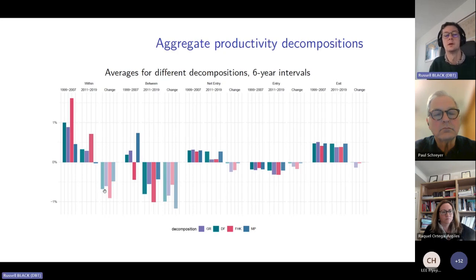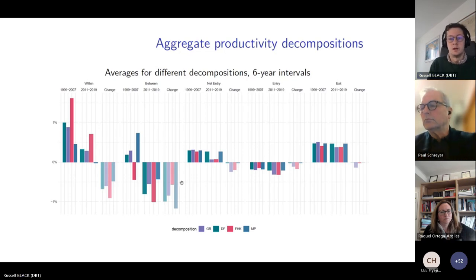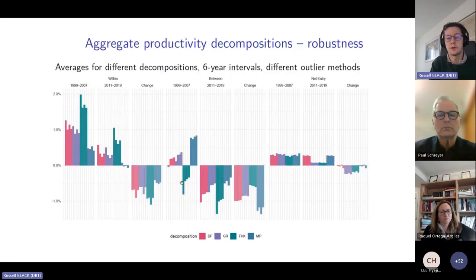So about 1.5 percentage points, adding up the between and the within effects, and relatively little growth due to the different entry effects. Does this change if we use different outlier methods? No, not really. If we use stricter outlier filters, or if we use more generous outlier filters, this makes relatively little difference.